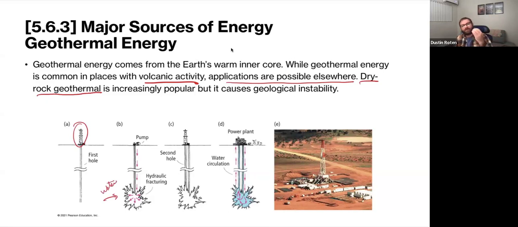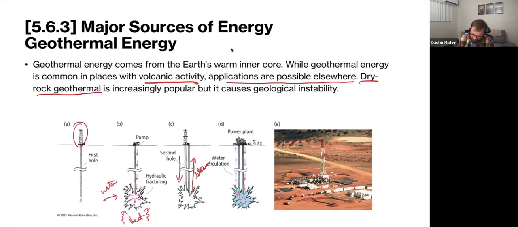Now, because it's closer to the Earth's core and deeper underground, you get heat from the Earth. That's going to superheat your water, essentially to the point where once you dig your second hole, it gets so hot that it turns into steam and then comes back up.